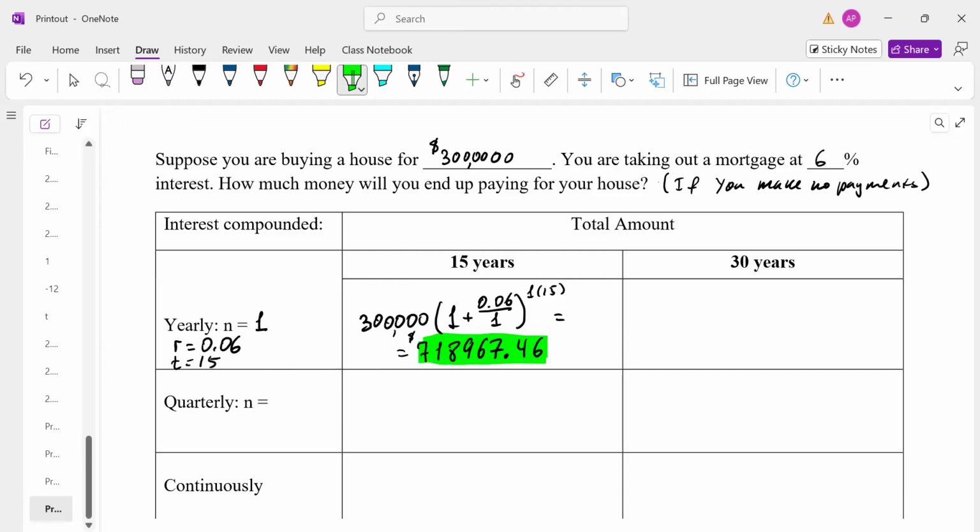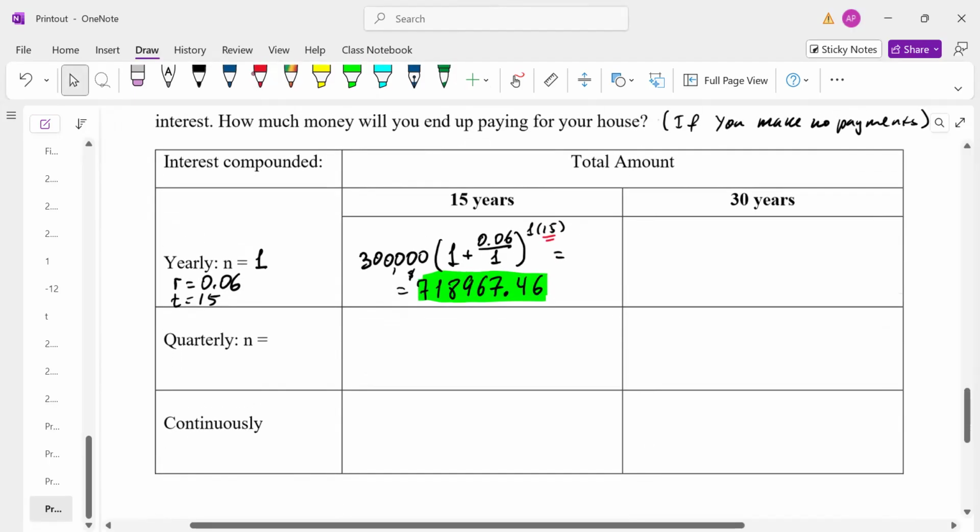So what you owe to the bank will be way more than double. Now, if we do it for 30 years, clearly you will substitute 30 instead of 15 and you'll find that value. So we're not going to do 30 years. Let's just talk about quarterly and then continuously.